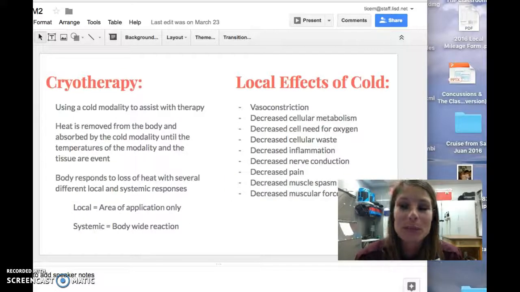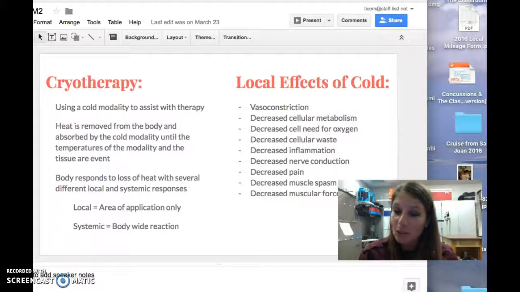So a term that we will see now is cryotherapy. Anytime we see cryo, we think about cold, all right? And obviously therapy is dealing with our rehab and that kind of stuff. So together this term means using a cold modality to assist with physical therapy, okay? And there's a lot of goodness that comes with this, okay?